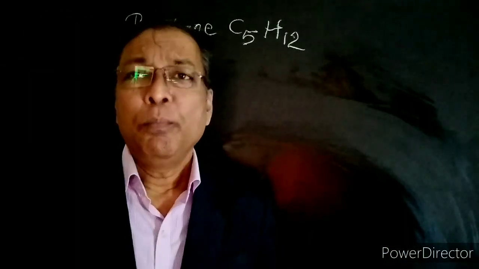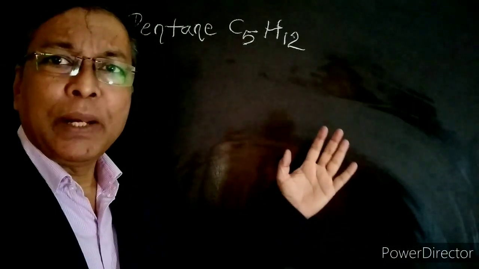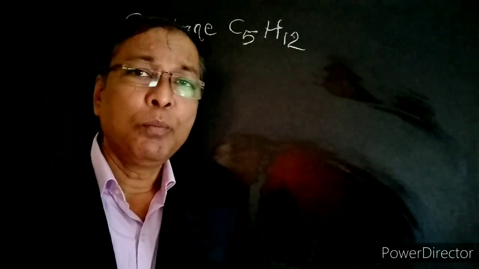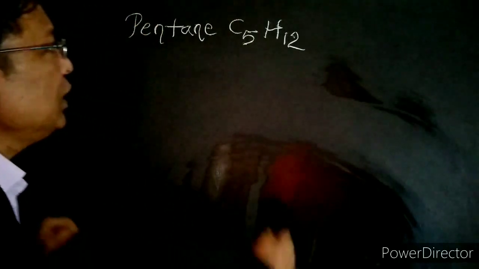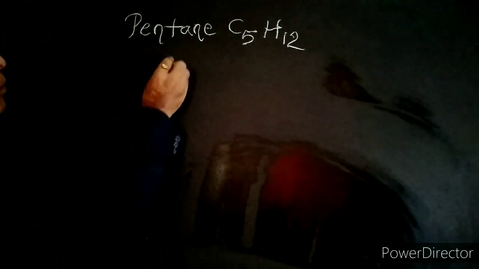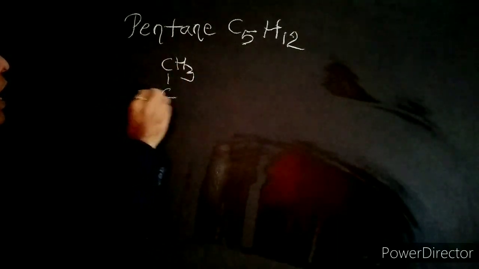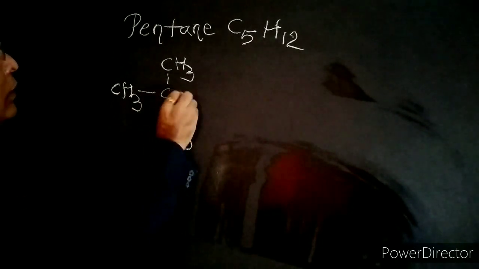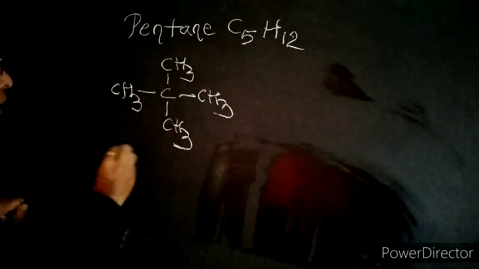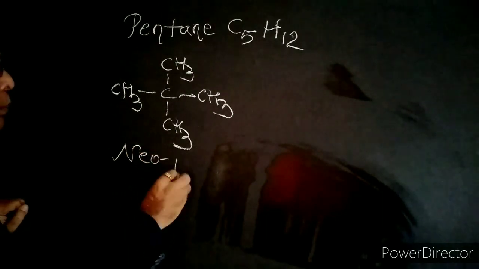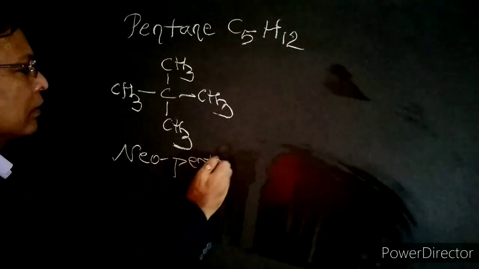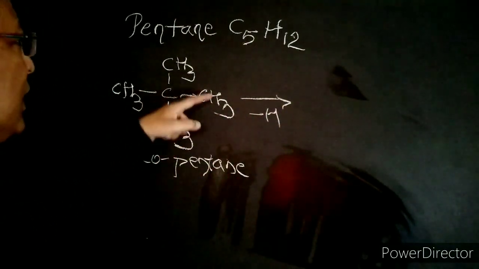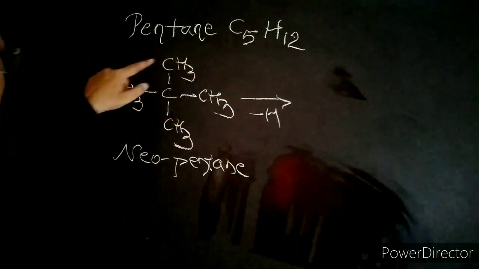In case of pentane, we have the normal pentyl group and other pentyl groups, and one most important pentyl group is neopentyl. When the 5 carbon atoms are present in this manner, this is called neopentane. When one hydrogen atom is replaced, if you see, all these methyl groups are equivalent.